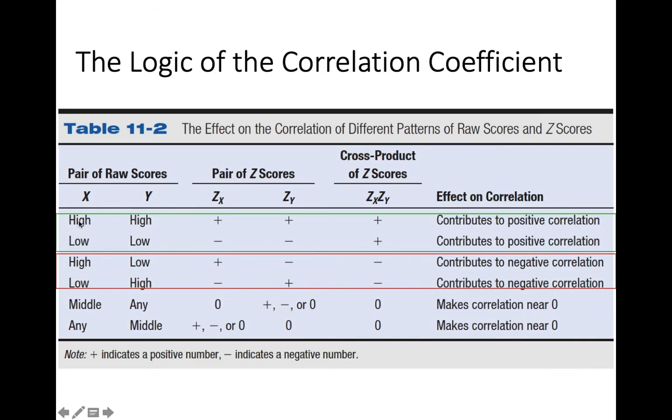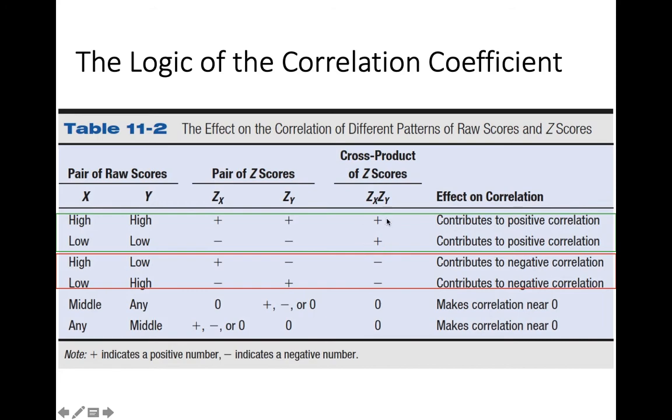So if you're above the mean, we know that you're going to get a positive z-score because you're deviating positively from the mean, a positive deviation. Then when transformed into a z-score, we get a positive number. Low scores below the mean will give us negative z-scores. When we multiply those together, we get the cross product of those z-scores.